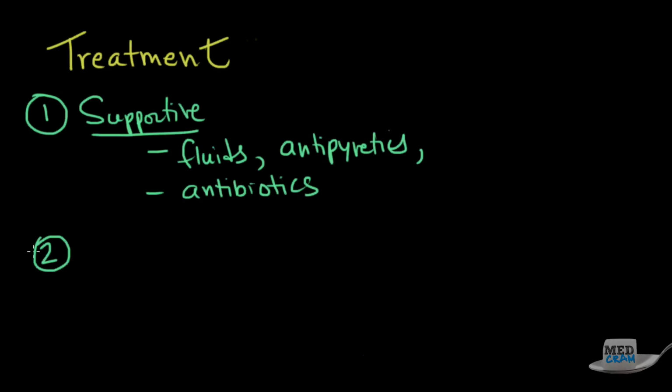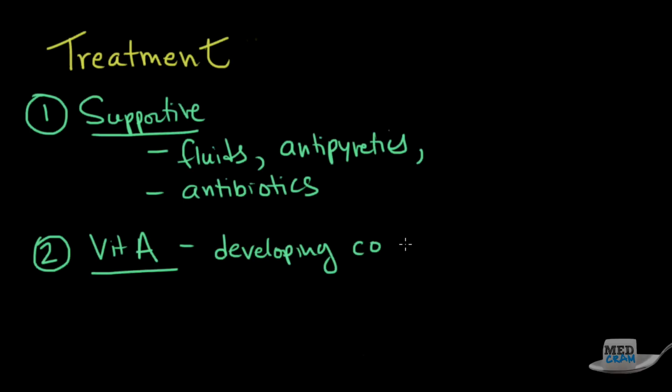The second thing that's very interesting that they've found is vitamin A. Now, they don't know exactly why this works, but they've seen it especially in developing countries where vitamin A deficiency is higher than it is in developed countries.